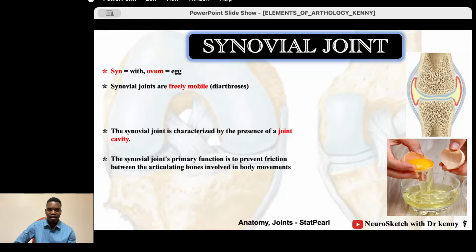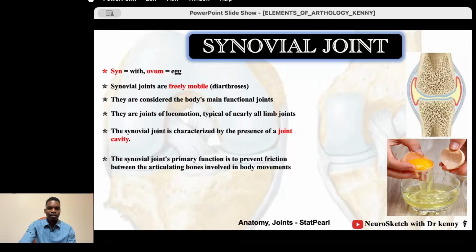And as we said again, they are freely movable joints, also known as diarthroses for the plural and diarthrosis for the singular. They are considered to be the body's main functional joints. The main functional means the main freely movable joints, and they are for locomotion.